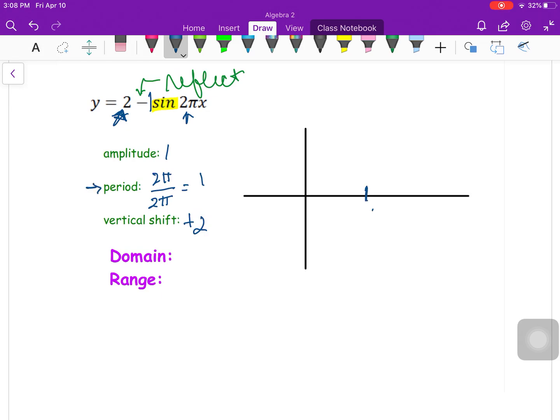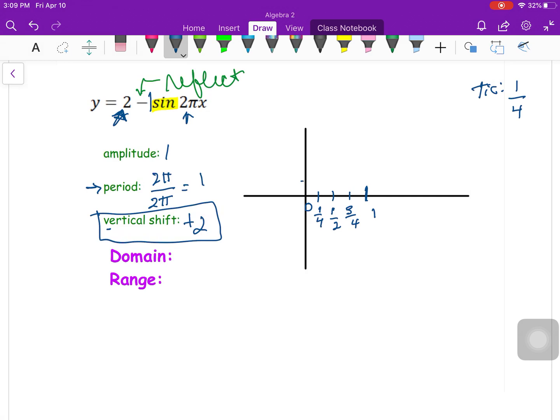So first I'm going to plot my period. So if this is 1 and this is 0, every tick mark will take place by dividing this 1 into fourths. So this is 1/4, 2/4, which is a half, 3/4, 4/4, which is 1. There's my x-axis.